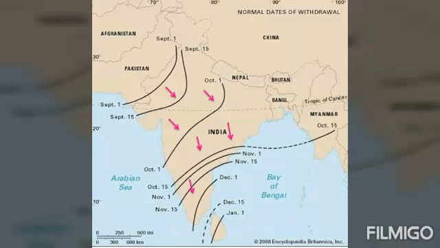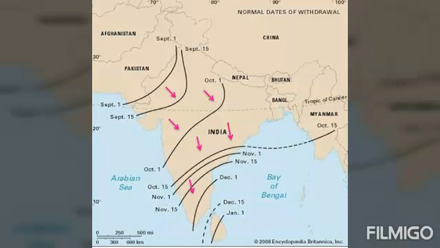Now in this diagram you can see the normal dates of withdrawal, meaning the normal dates of the retreating monsoon season. If you see parts of North India like Uttar Pradesh, Himachal, and even central India, the date given is October 1.